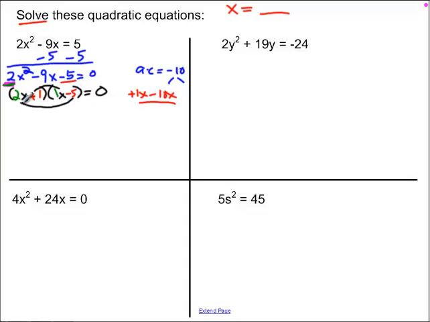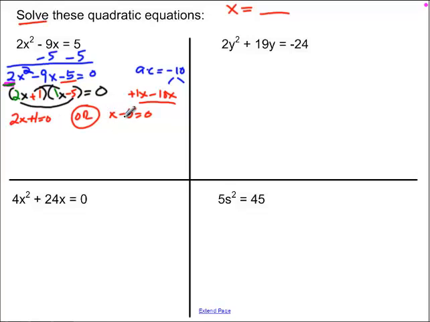So now, using the zero product rule, we can say that either A over here is equal to 0, or B over here is equal to 0. So I would say that either 2x plus 1 equals 0, or x minus 5 equals 0. And I'm going to simplify this; we don't have to write that 1 down here. We could write 1x, but it's simpler to write just x.